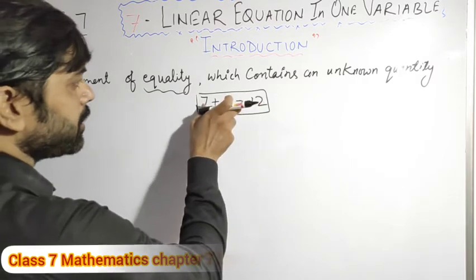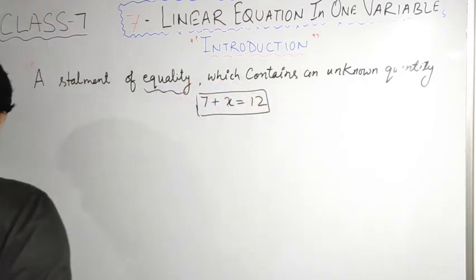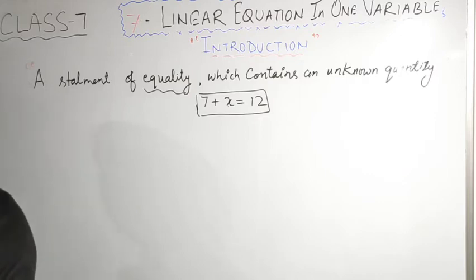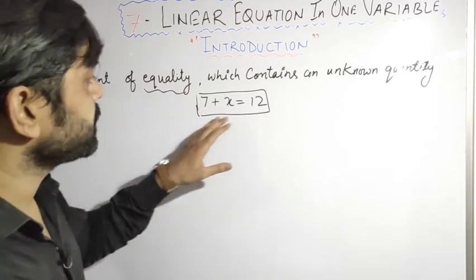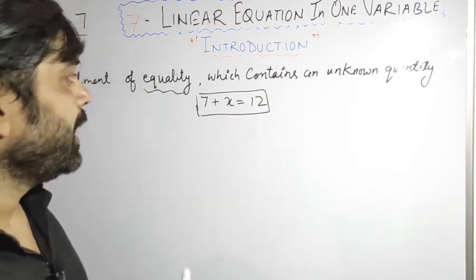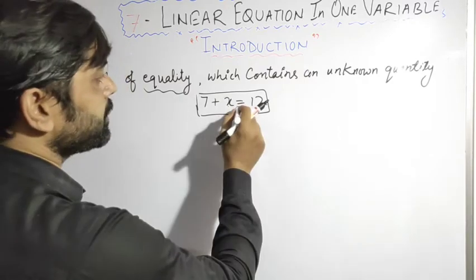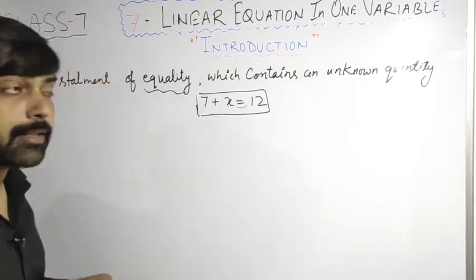Why? Because there are two sides here, and this statement contains the equality sign, 7 plus x is equal to 12. What is an equation?